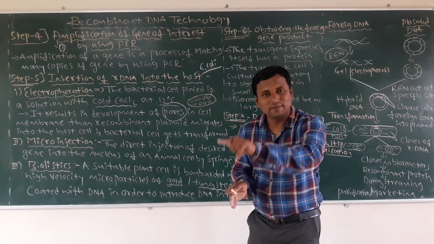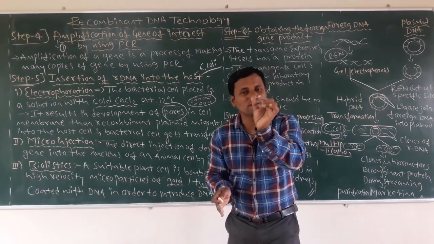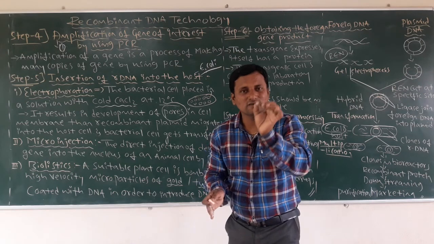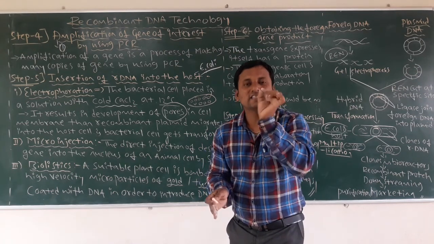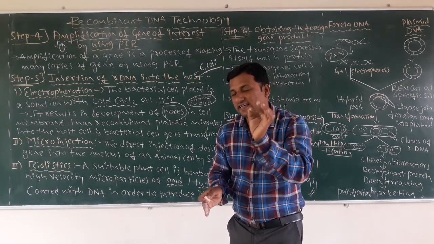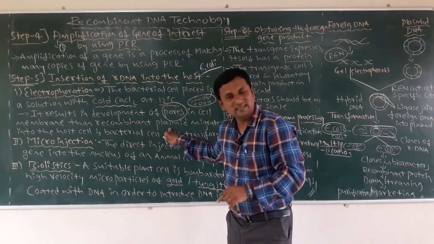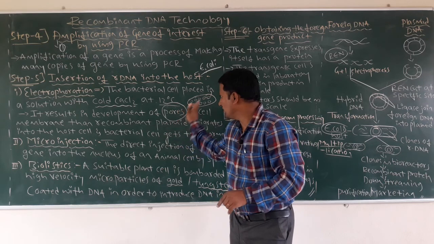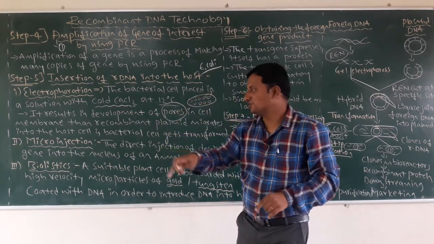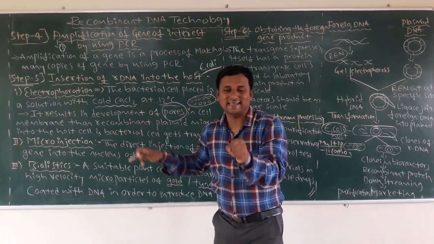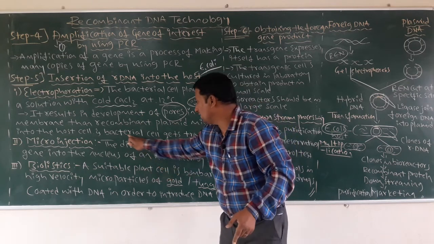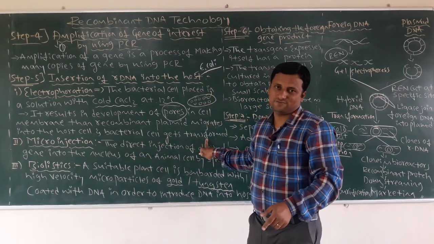Understood? In the cell membrane there is the formation of pores. Then this recombinant plasmid migrates into the host cell, and the bacterial cell gets transformed.